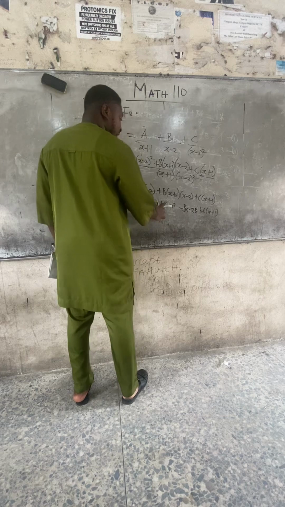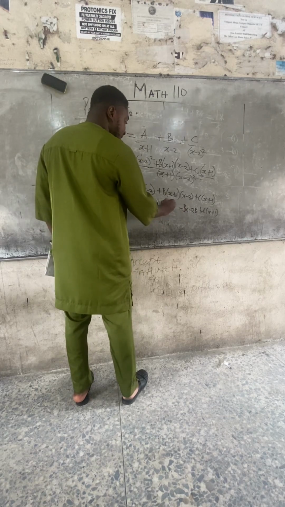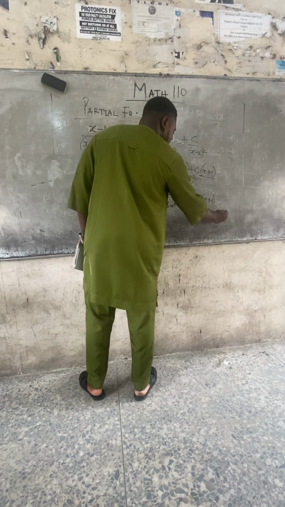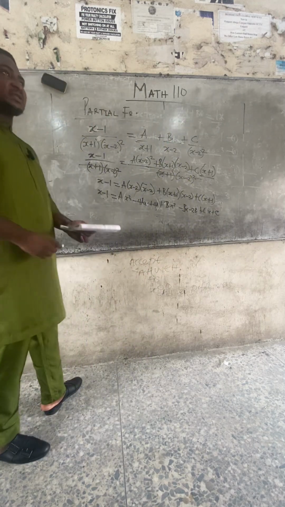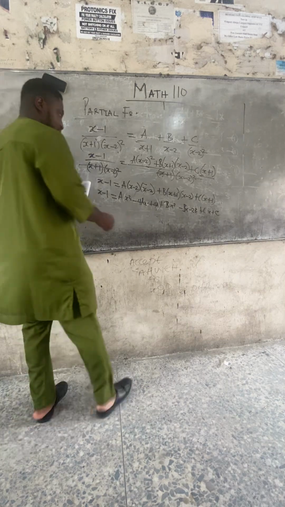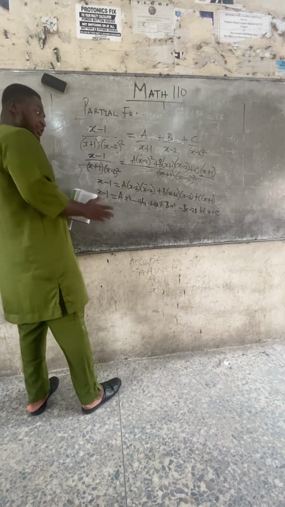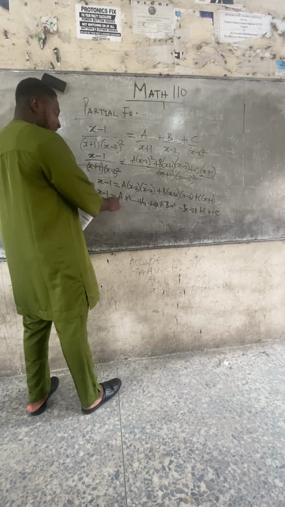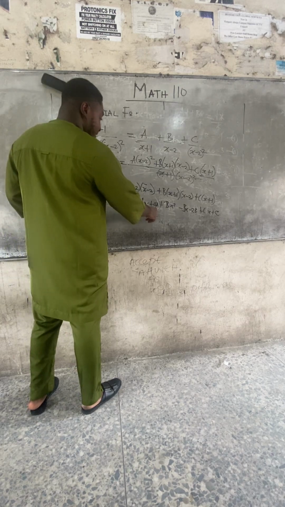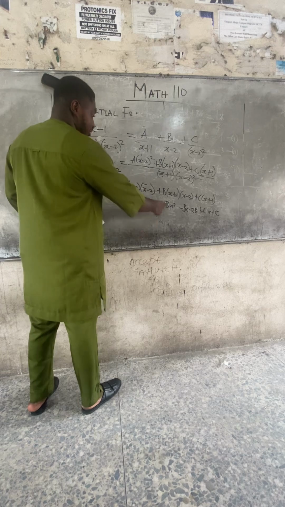Let's use C to open the bracket: Cx plus C times 1, Cx plus C. Class, you can do it in your own slow way. A times x square, Ax square. A times minus 4x, minus 4Ax. A times 4, 4A. Use B to open the bracket.